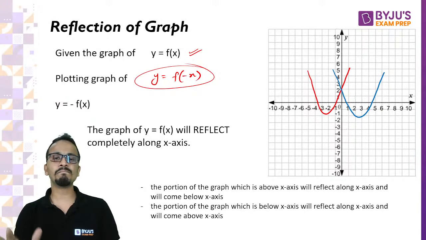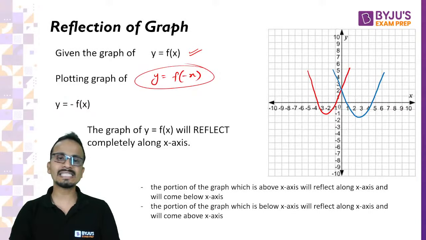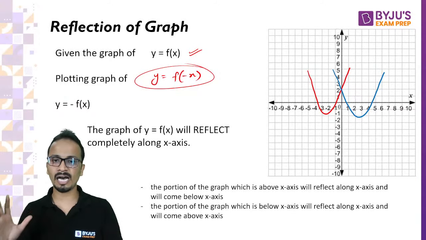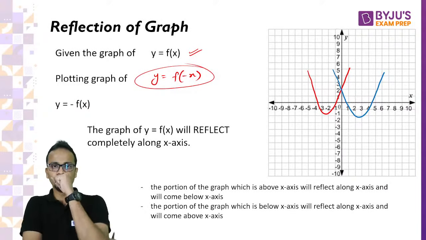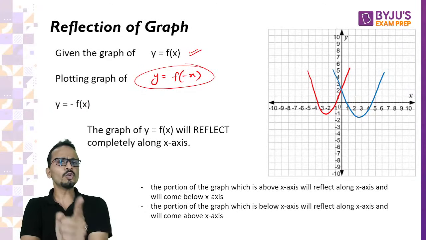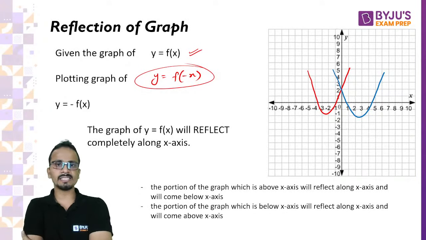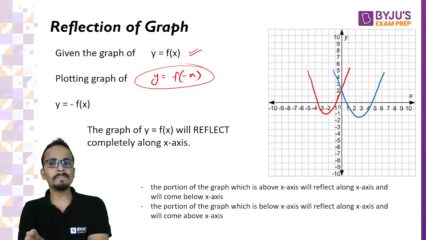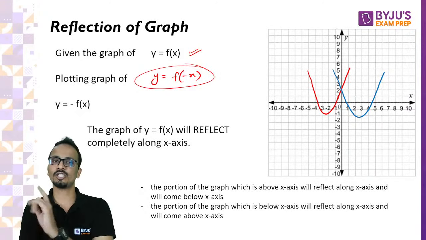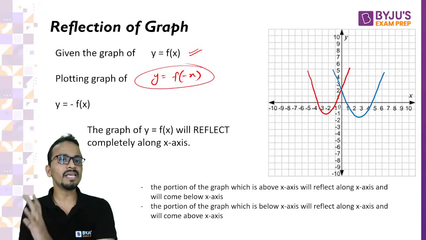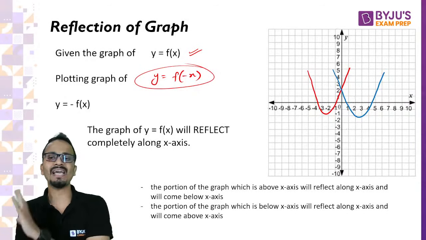So a complete reflection along x-axis or y-axis are the words that I'm using. So for y equal to f of minus x, the graph will be reflected completely along y-axis. So this is the graph for y equal to f of minus x.